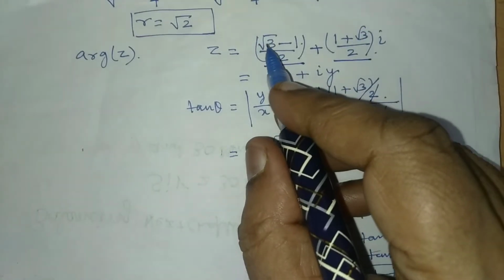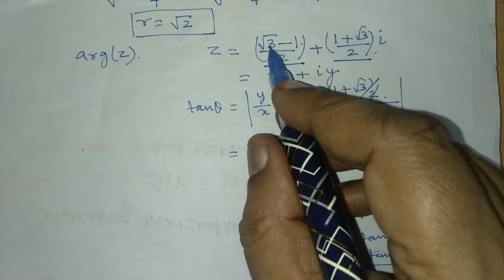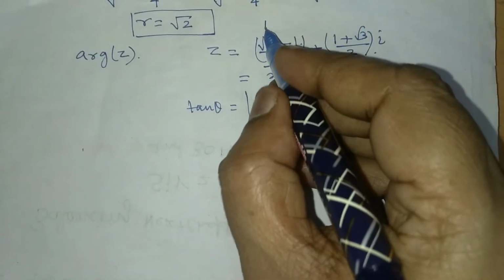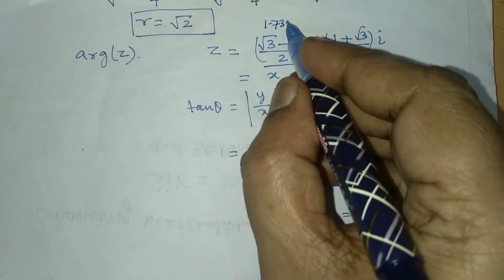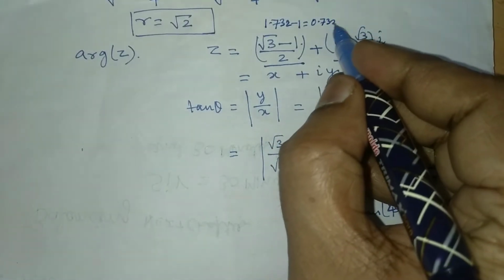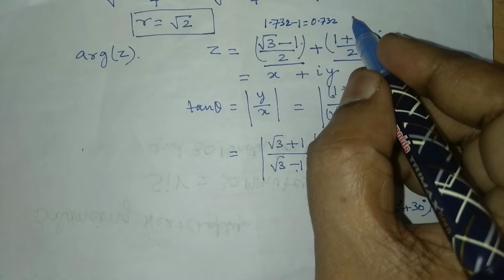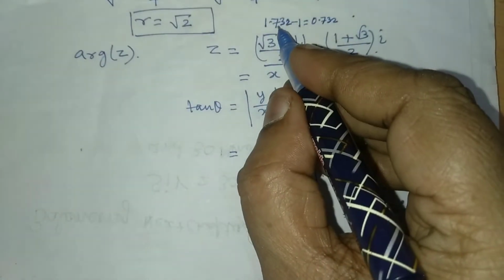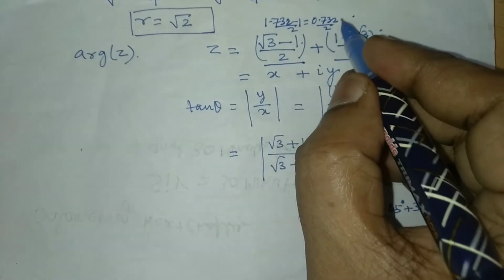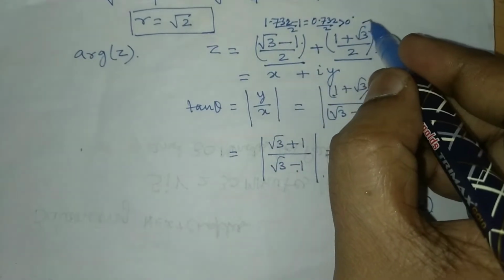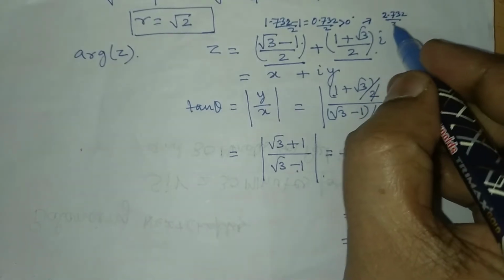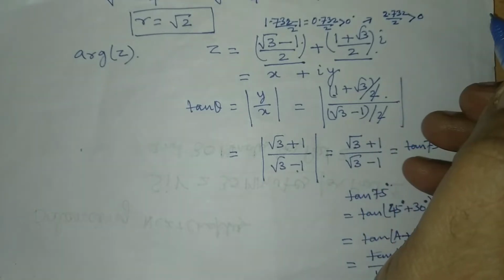Why is x positive? Because the approximate value of root 3 is 1.732. So 1.732 minus 1 is 0.732, and whole divided by 2, so obviously it is greater than 0. And this value, 2.732 by 2, is obviously greater than 0.